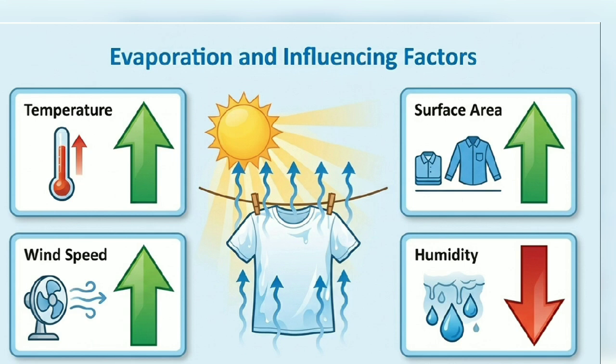Evaporation becomes faster when temperature is high, wind speed is high, surface area is large, and humidity is low. This is why clothes dry faster on a hot and windy day.